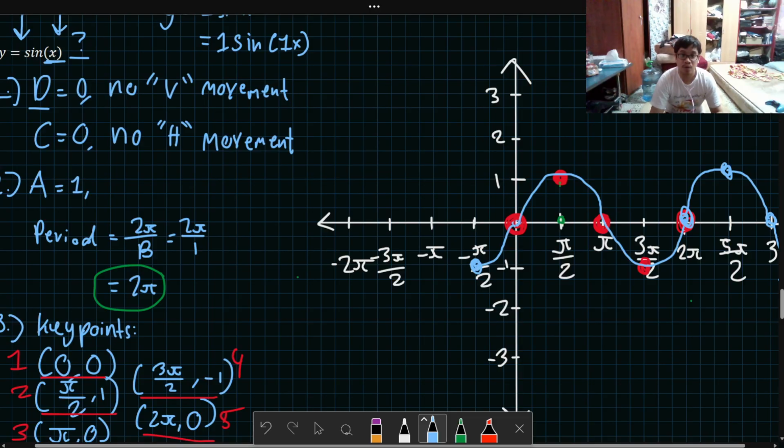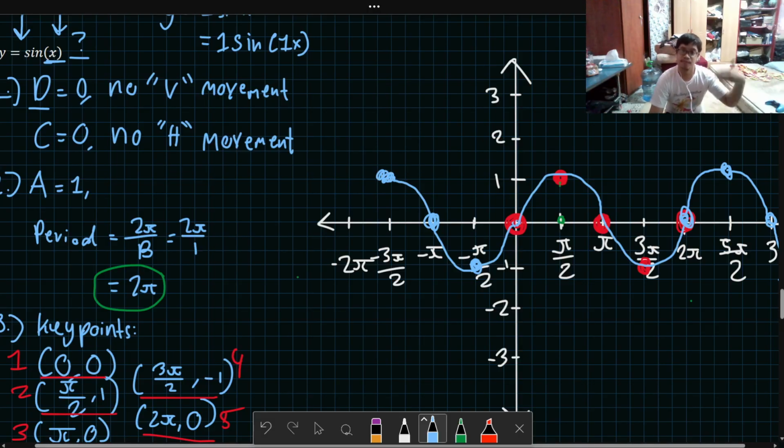Then you go up to the middle, here. Then you go upward, and the maximum height will reach until 1 unit. In this case, you stop at 1. So here we will have it like this.